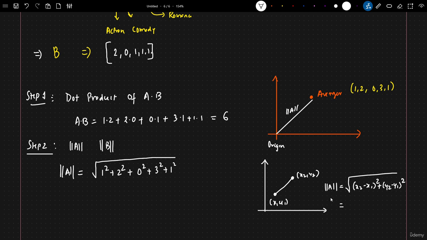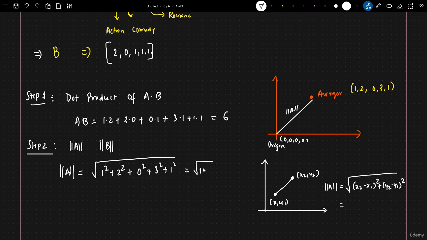Now x2 is this value, x1 is this value, y2 is over here, y1 is over here. As you know, I'm starting from the origin, so all these values will be 0. So I'm writing 1 minus 0 whole square, 2 minus 0 whole square, 0 minus 0 whole square, 3 minus 0 whole square and 1 minus 0 whole square. That is how I get the magnitude of A.